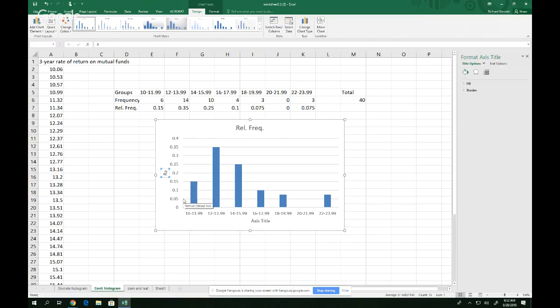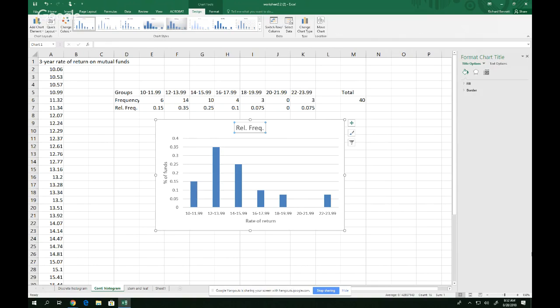That's number of funds, right? Or percent. That's percent. That's not number. Percent of funds. This one is interest rate or rate of return. I'm going to give it a title of 40 mutual funds.